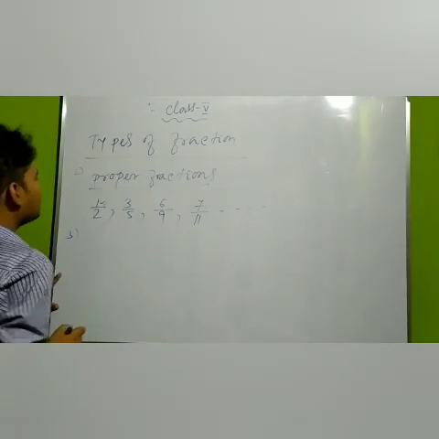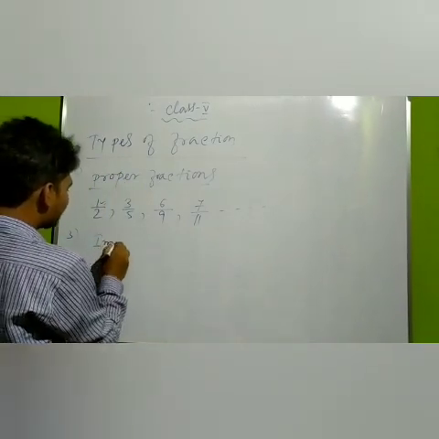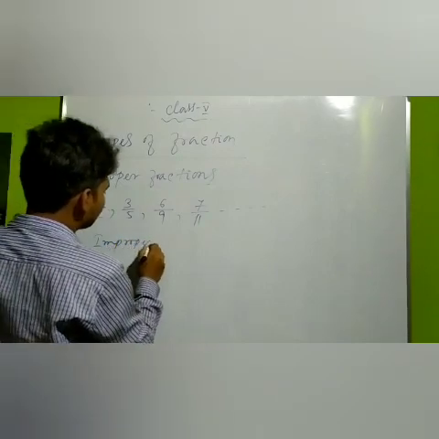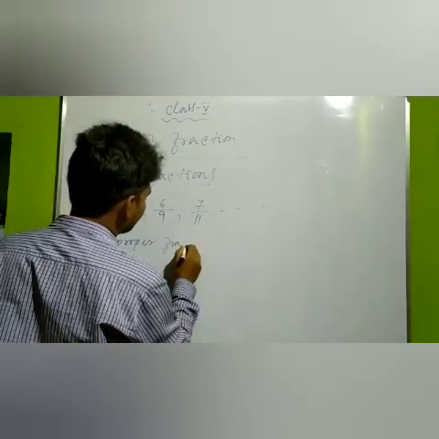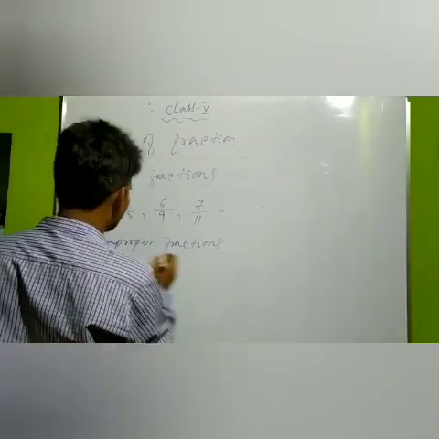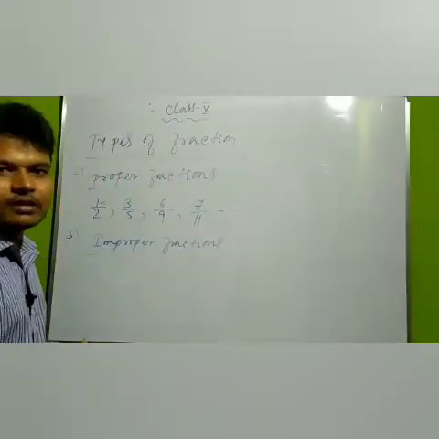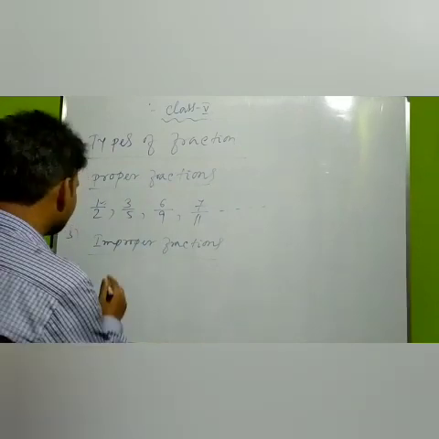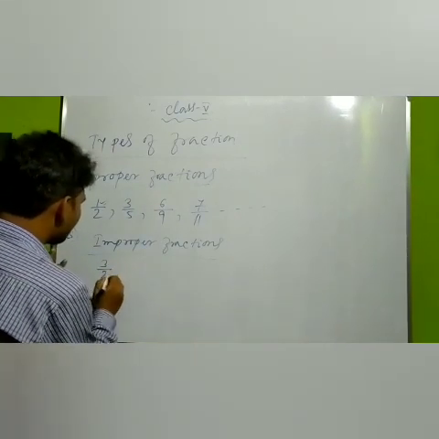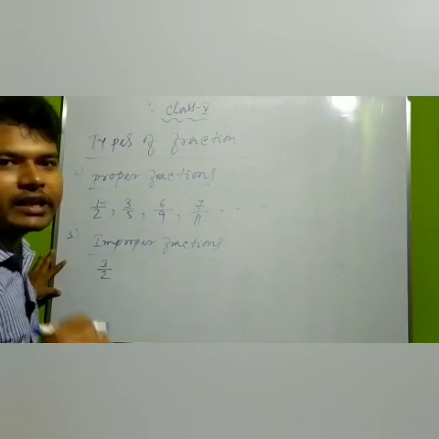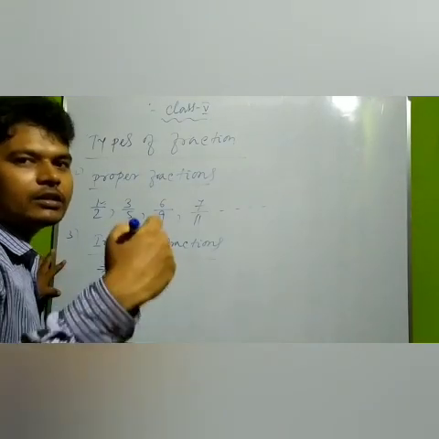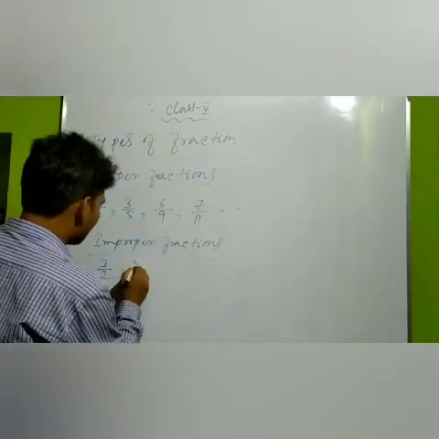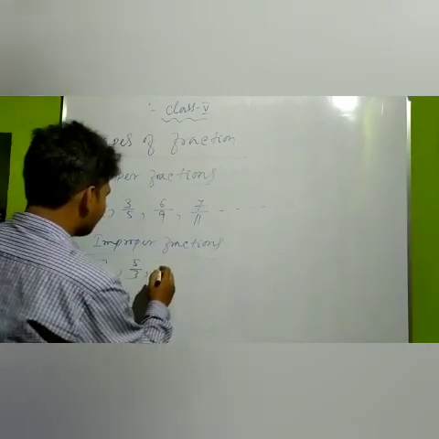Okay, now you come to the improper fraction. Those fractions just opposite to the proper fraction. Those fractions in which the value of the numerator is greater than the denominator, this type of fraction are called improper fraction.